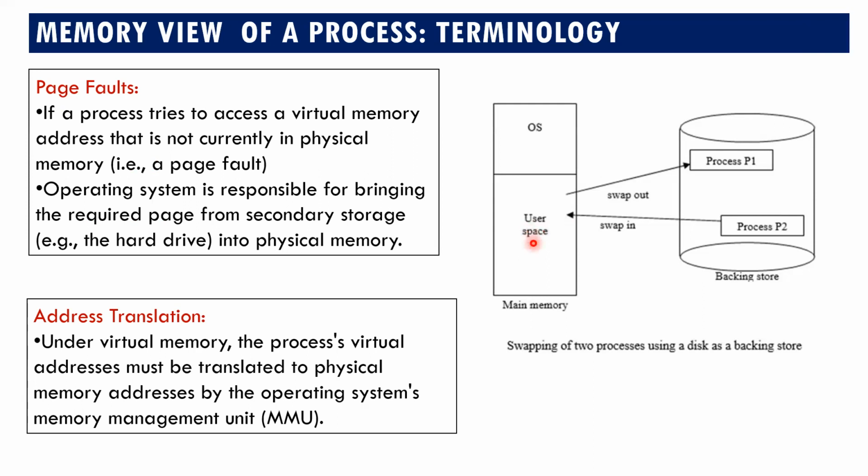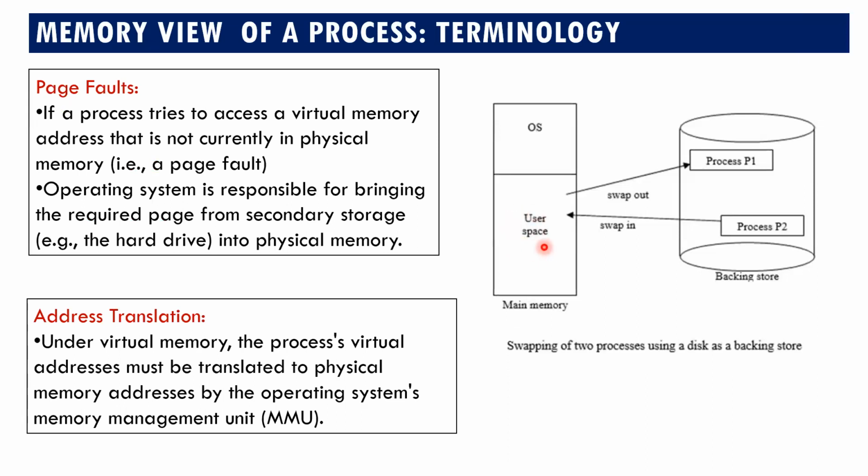Whenever a page fault occurs, the operating system is responsible for bringing the required page from the secondary storage into the physical memory. Here physical memory is nothing but the main memory. So whenever the instruction is not present in the main memory, the operating system has to bring the instructions which are stored in the backing store or the hard disk into the main memory.